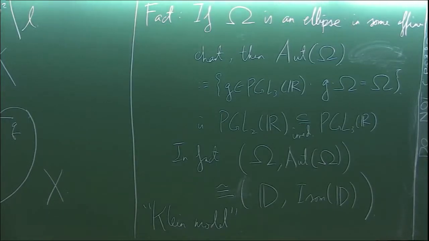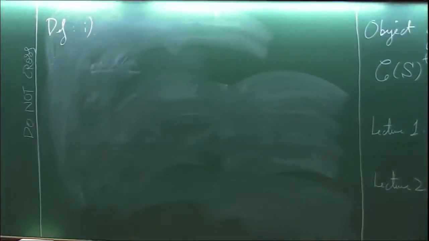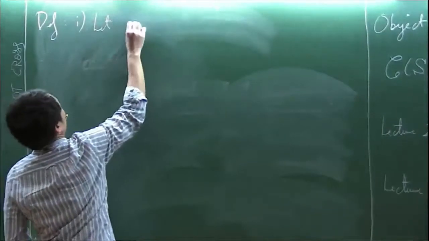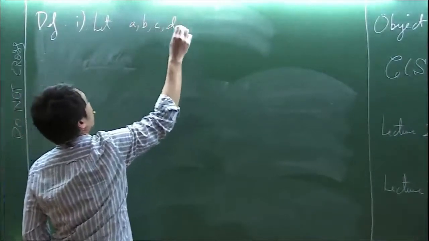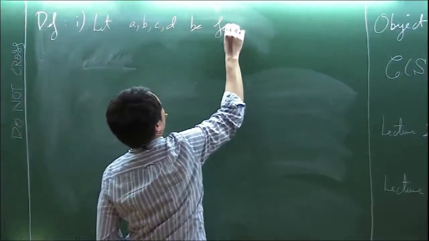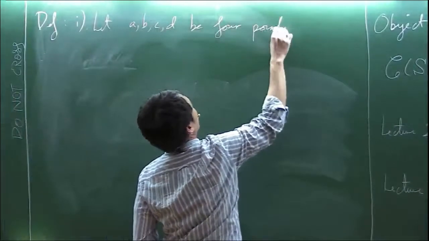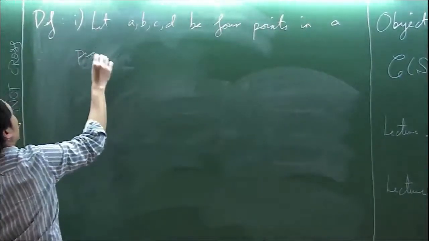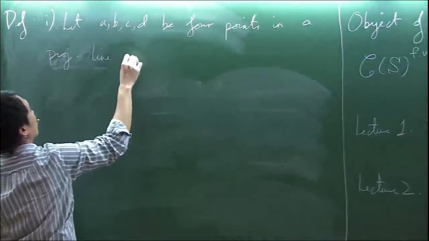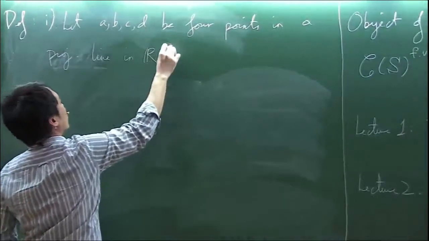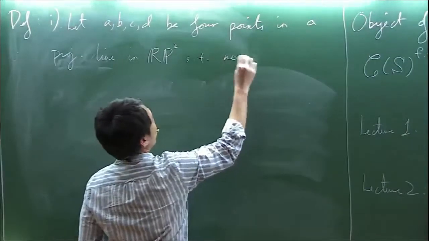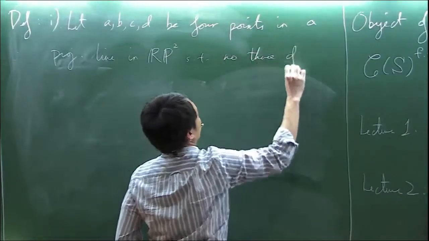Okay, so to define the Hilbert metric, we first need to talk about this well-known projective invariant called the cross ratio. So what is it? Let A, B, C, D be 4 points in a projective line in RP2, so that no 3 of them agree.